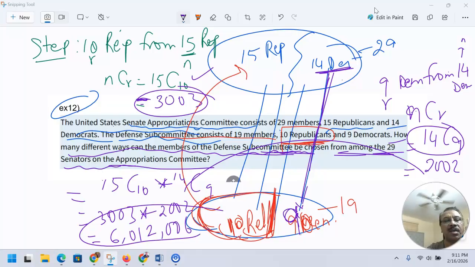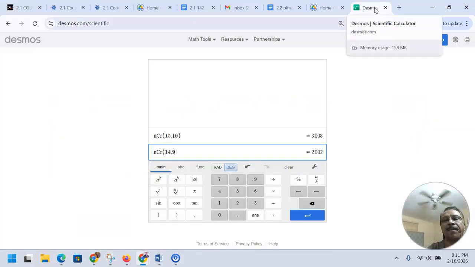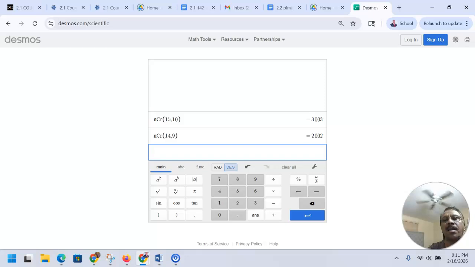And you can see using the calculator also, if I just multiply 3003 by 2002, you can see the same thing, 6,012,000. Or you could also do it another way. Why can't we directly multiply these two pieces?